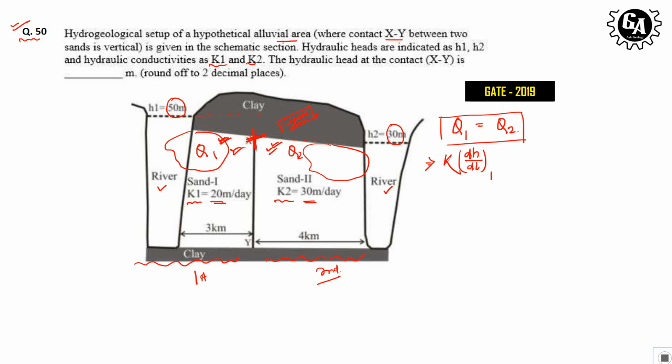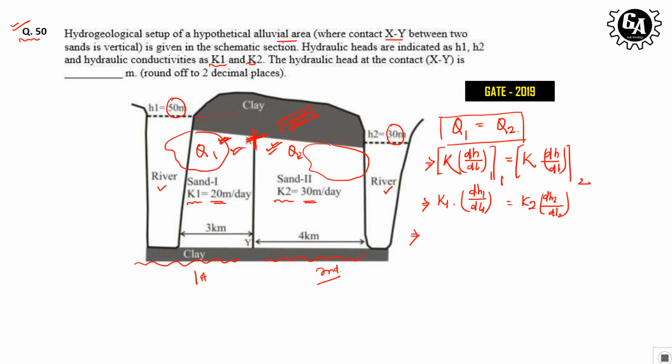So q1 equals K1 dh1 by dl1, which is equal to K2 dh2 by dl2. Is this fine up to here?